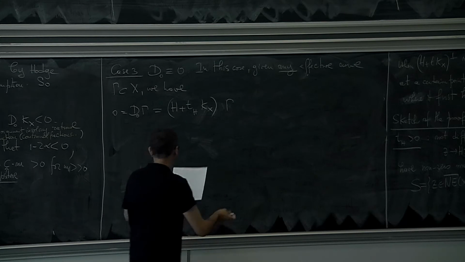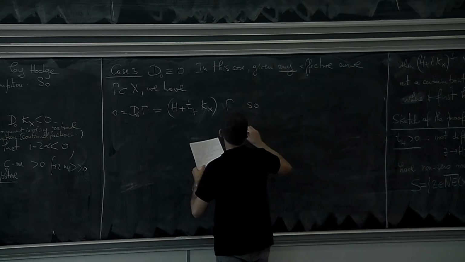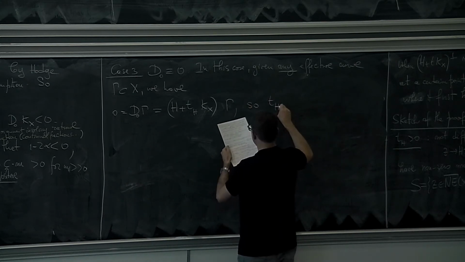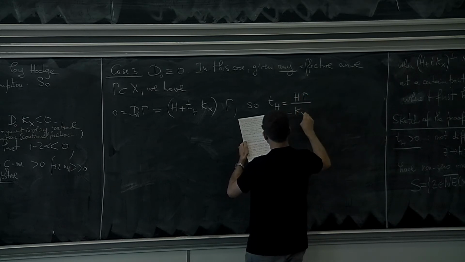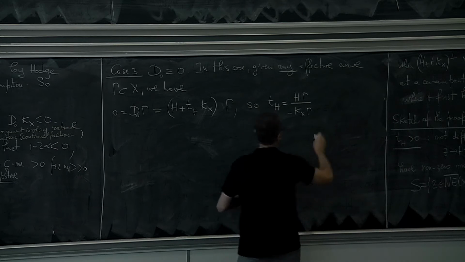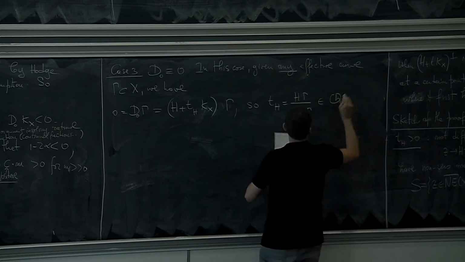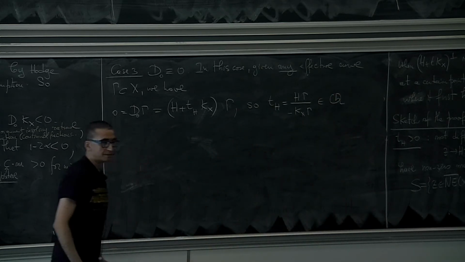And so t is just H·gamma divided by minus K_X·gamma, and this is rational. And we have completed the proof.